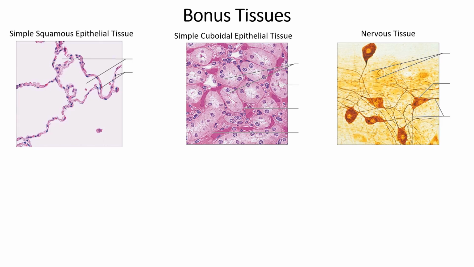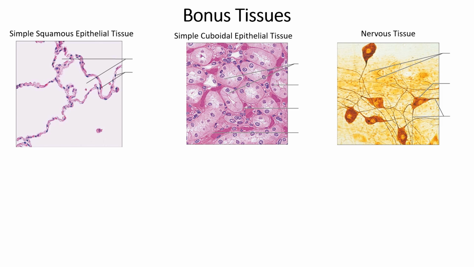Notice that we have cells that are forming circular structures here. For some of these, like this one, we can make out that the cells are square shaped. But even if you can't quite make out the shape of the cell, again, look at the nuclei.